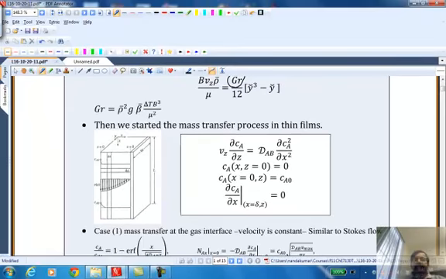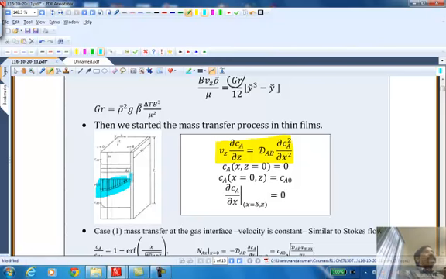Now, then we looked at the general mass transfer problem of mass transfer to a liquid in a falling film. The complete 1-dimensional model is governed by this equation that you see here. But that has in it the convective velocity Vz, which is given by this profile that you see there.